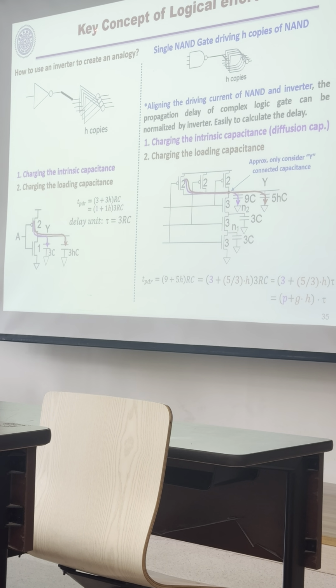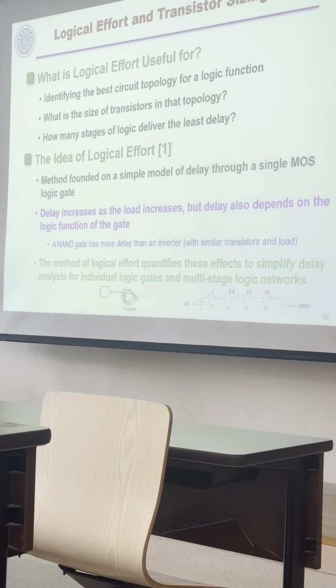After we learn how to calculate the estimated delay, I provided some methods before, which is the logical effort. This is parasitic. This is the G and H product here. So this is very useful.